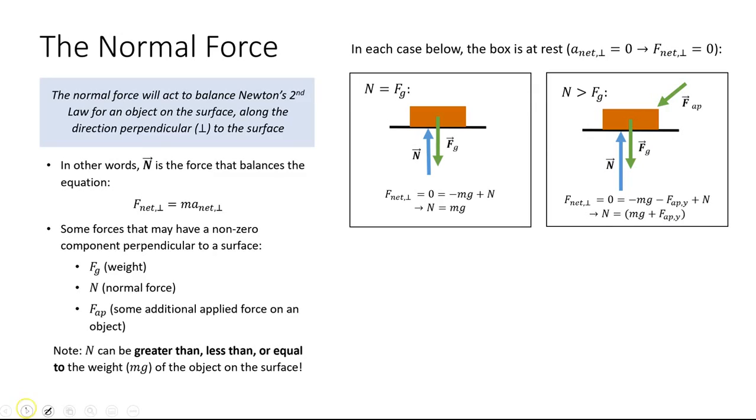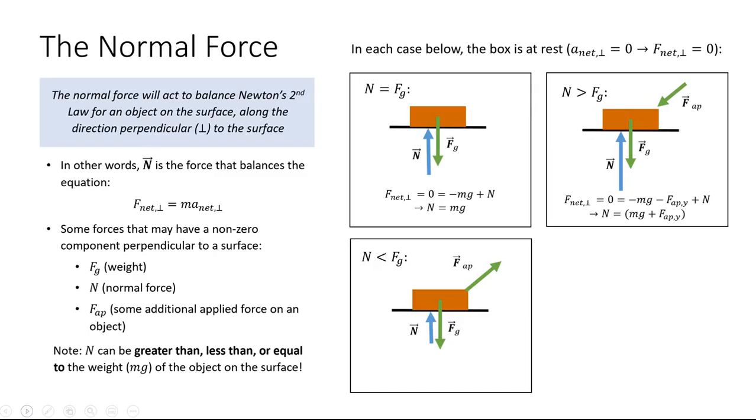All right, in our next example, we have another applied force, but this time instead of pushing down on the box, it's going to be pulling up a little bit on the box. Not enough to lift the box, just a little bit. So the net acceleration in the direction perpendicular to the surface is still 0, but we do have this additional applied force pulling with a component that's going to point upwards.